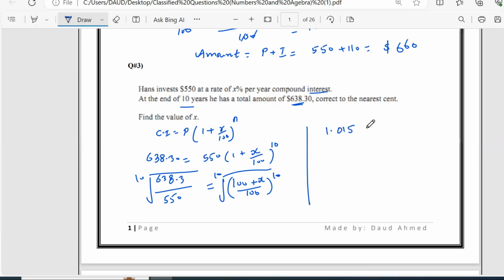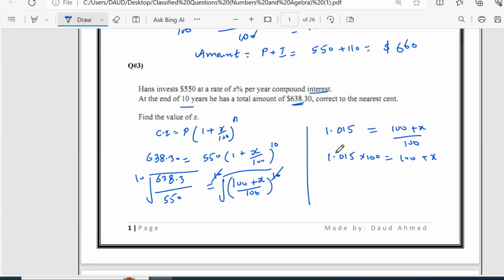1.015 is equal to, here we can cancel, so we have (100 + x) over 100, and next step you can multiply. 1.015 multiplied by 100 is equal to 100 plus x.